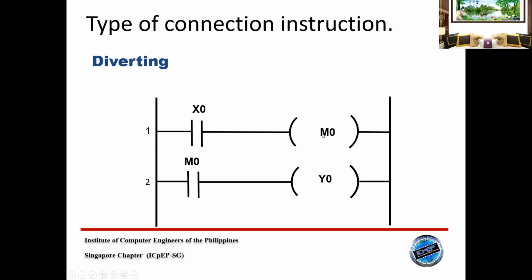Also, if you use an internal memory coil, you cannot use this address again. So I think there is only one rule: you cannot have a double coil. Okay, in PLC programming, you cannot have a double coil, or else your output will give you a different scenario already.